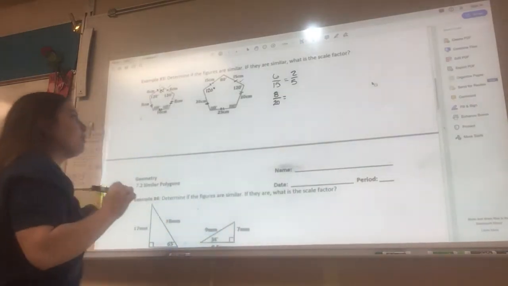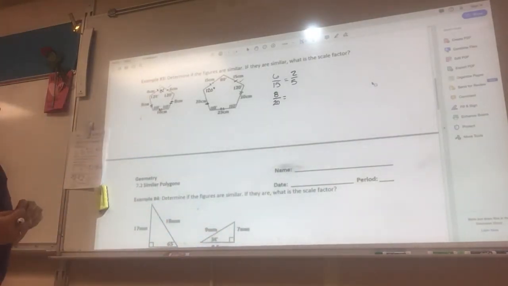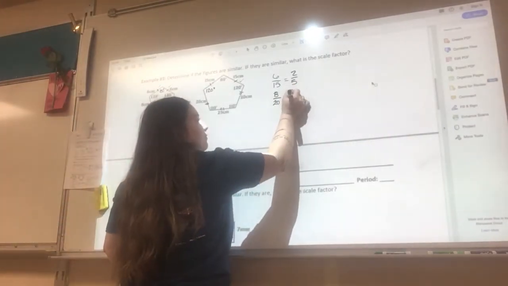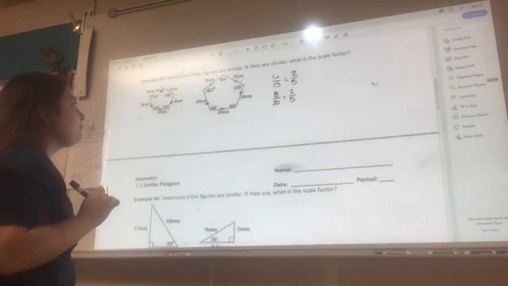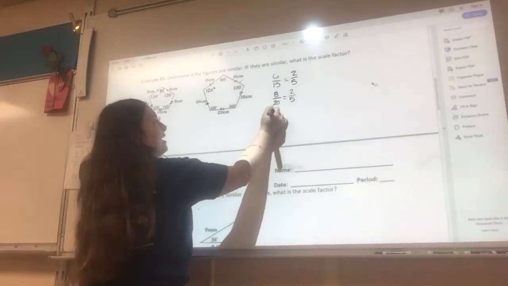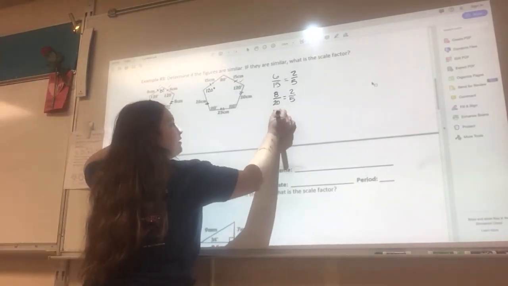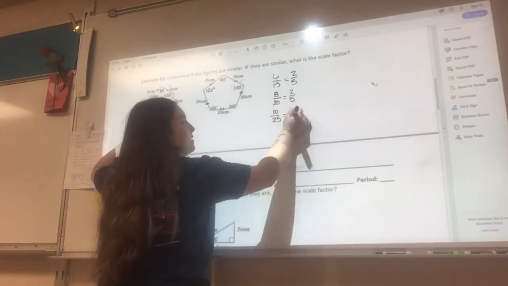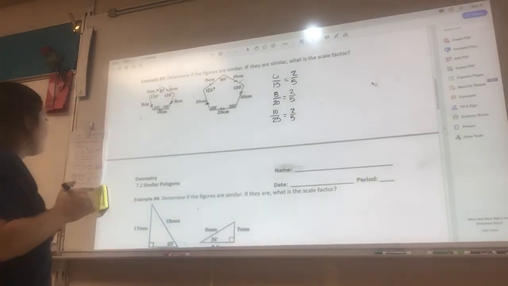Well, 8 and 20 both have factors of 4, so we can simplify that one down. And that simplifies down to 2/5, so that's nice. Then we have a third one. We have 10 over 25, which is the same thing as 2 over 5, because you can take out a 5 from each of them.